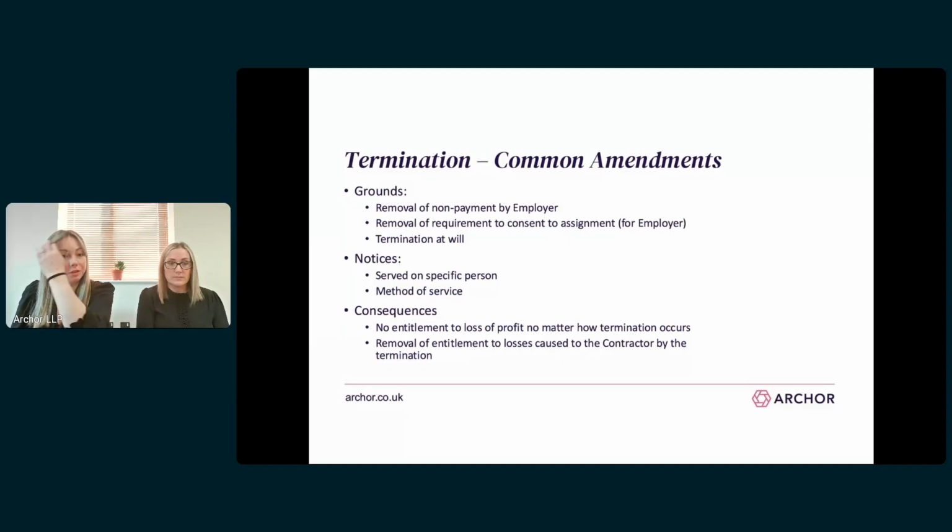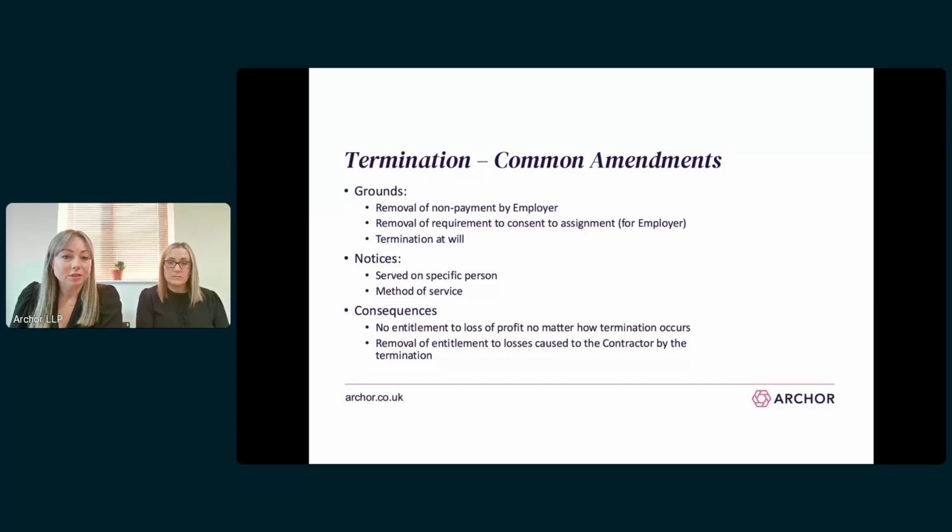I'll come on to termination at will clauses, but these are often added in as an amendment too. As for notices, sometimes it will expressly state who needs to be sent termination notices, where they need to be sent, what the method of service is. Again, if you've got these amendments in, check they are complied with and get evidence. So if it says you have to send them special delivery, get your Royal Mail receipt, track it, see when it was delivered, keep a copy of all of that.